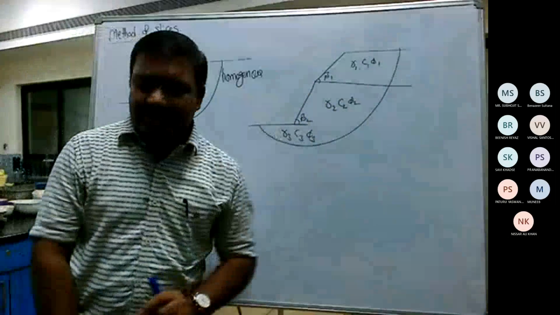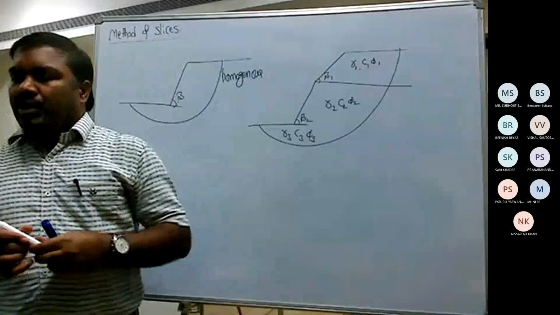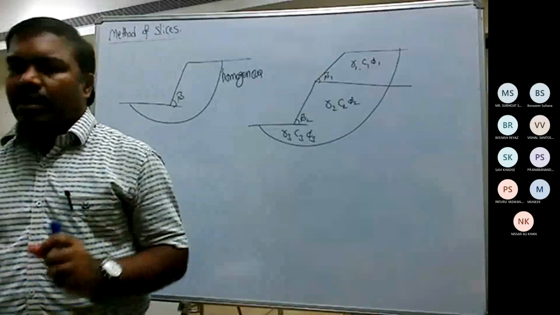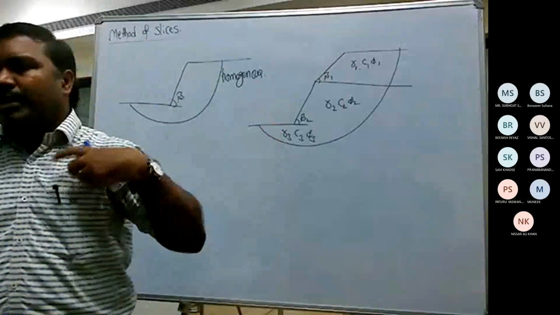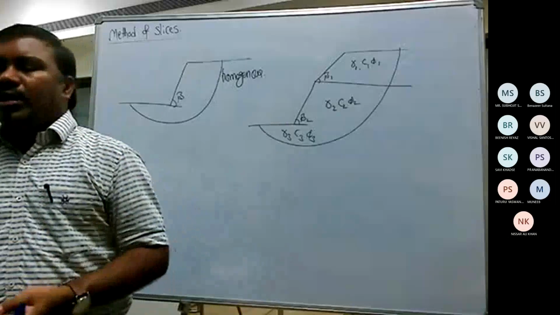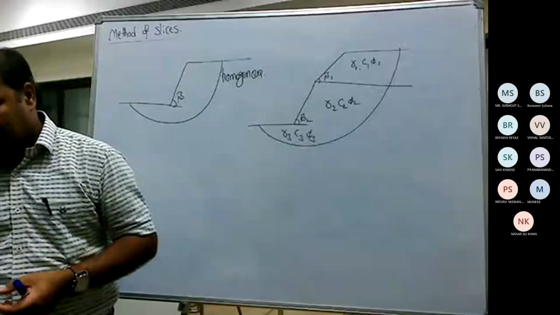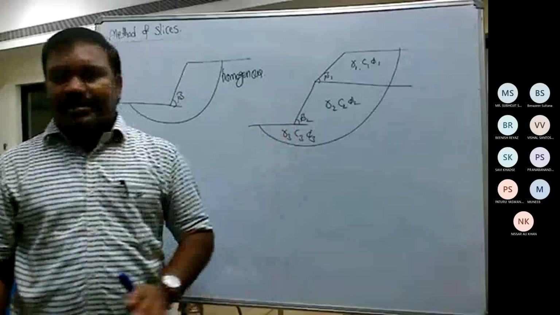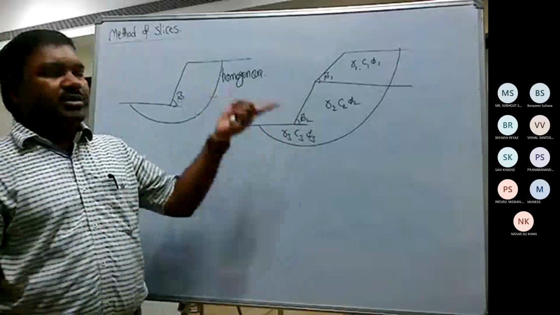In these cases, you may be able to determine the factor of safety by the mass procedure, but it is so complicated. It makes all the analytical equations really complicated. So in this case, the best way is the method of slices.